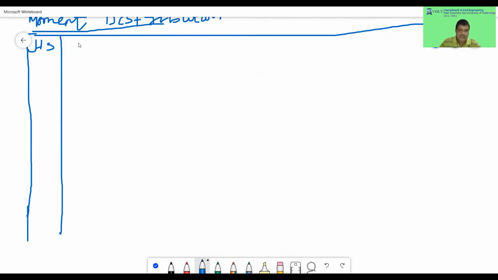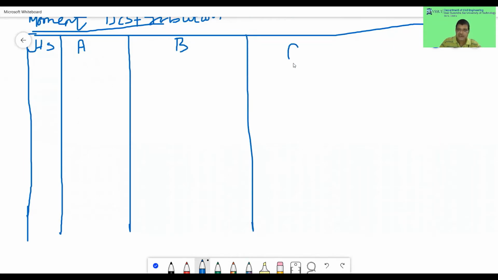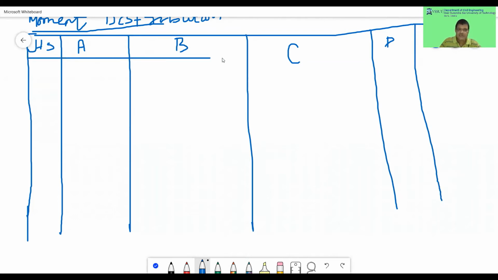Joints is A. Then we have the joints is B. Then joint C. And then joint is E. Right? Now, what are the members? We can write down the members for each things. So next is members.